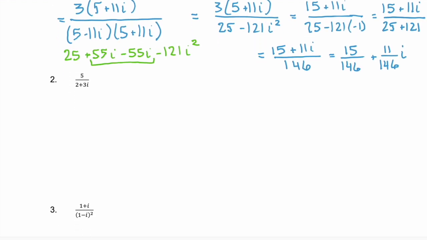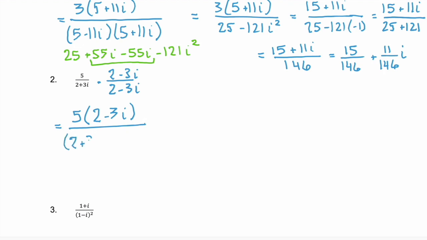Here our denominator is 2 plus 3i. So our conjugate is going to be 2 minus 3i. Multiply the numerator, and you have 5 times 2 minus 3i. Our denominator is 2 plus 3i times 2 minus 3i.